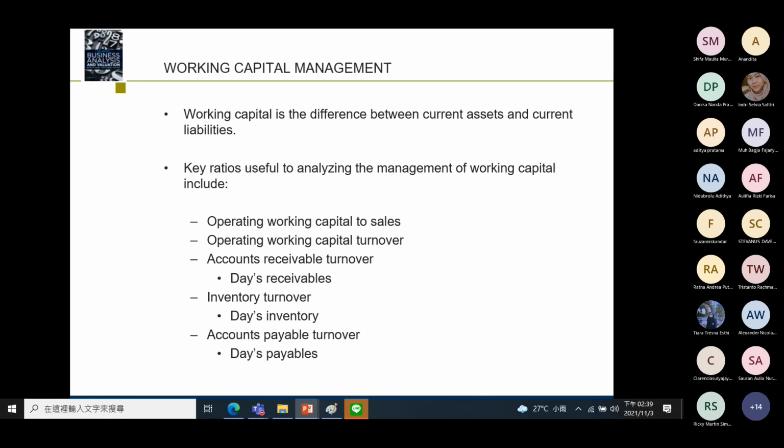Trade receivables turnover is defined as revenue over trade receivables. Inventories turnover is defined as the cost of sales over inventories. Trade payables turnover is defined as the purchases over trade payables. Days inventories and days receivables are defined as the inventories over average cost of sales per day, and the trade receivables over average revenue per day, respectively.